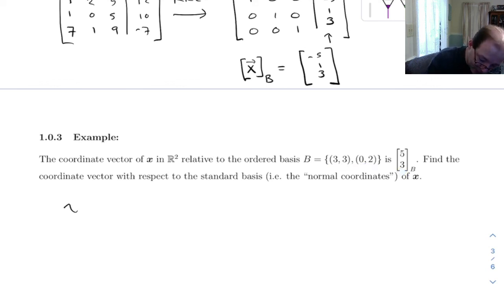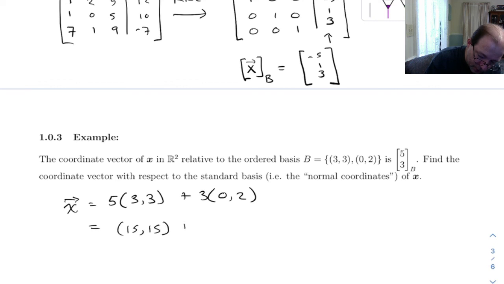So that would tell us that X is 5 times 3, 3, plus 3 times 0, 2. So that's 15, 15, plus 0, 6. So X is the point 15, 21.